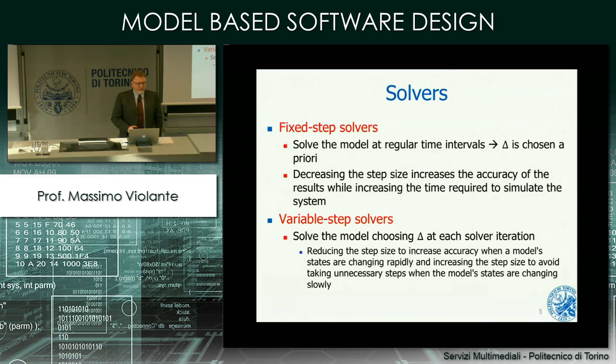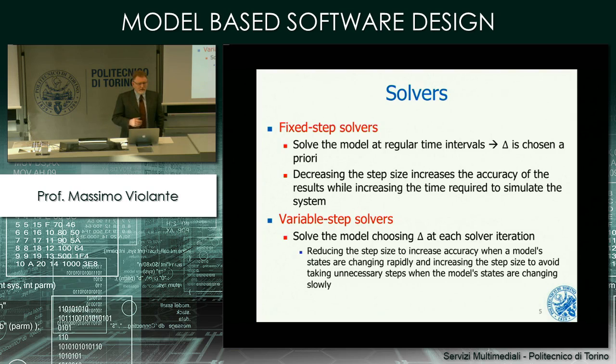It is clear that the smaller the delta is, the better is the accuracy with which you solve the model, especially if the model is made of a set of blocks and it is responsible for processing a set of inputs that changes very frequently.